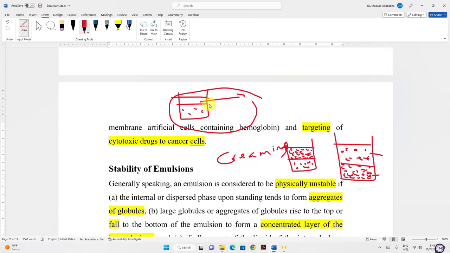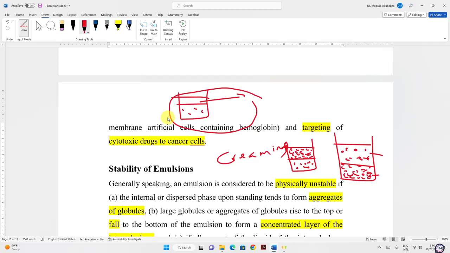Breaking, because you have a complete layer that resulted from internal phase coalescing with each other. Coalescing is just to talk about globules uniting with each other. Whether coalescence or separation, you have a problem, and you cannot just shake and get things back to what it was.